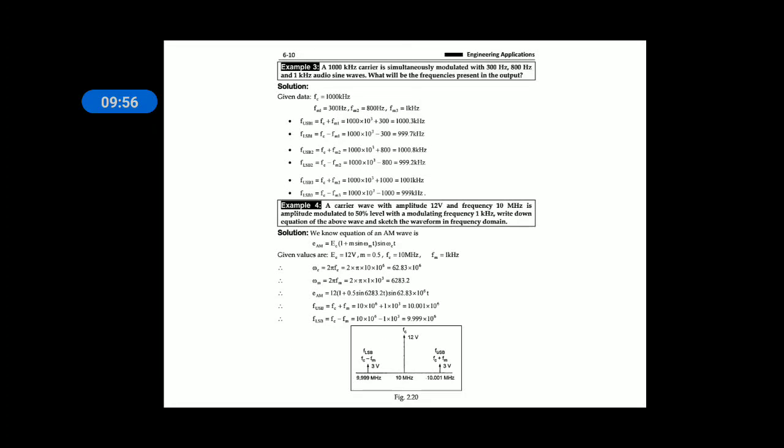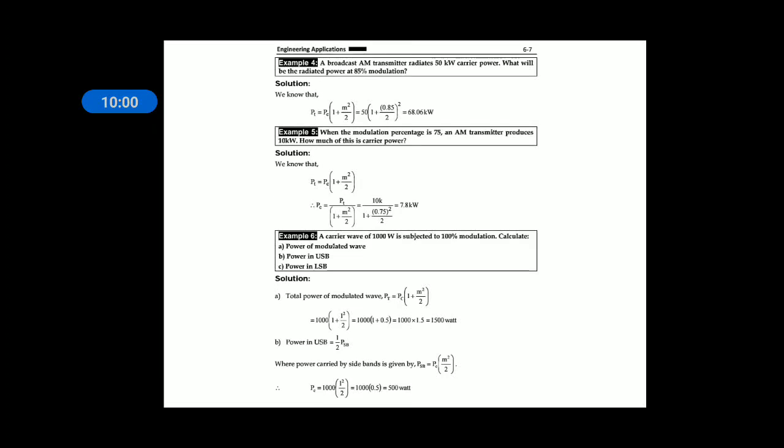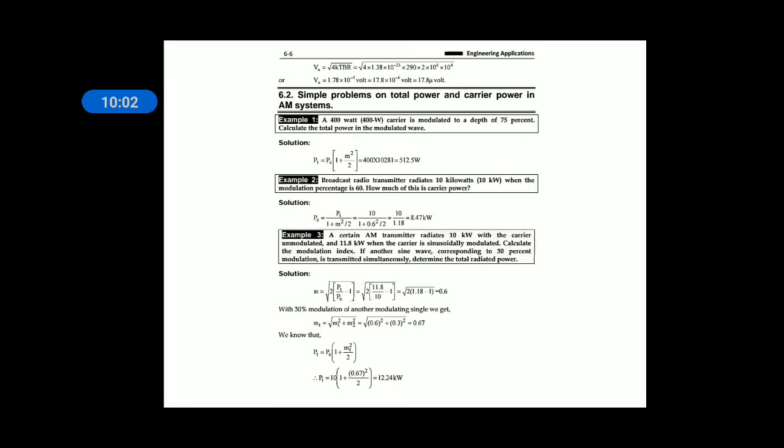And when you look at the first problem, simple problems on total power and carrier power in AM system. A 400 watt carrier is modulated to a depth of 75%. Calculate the total power. It's very simple.